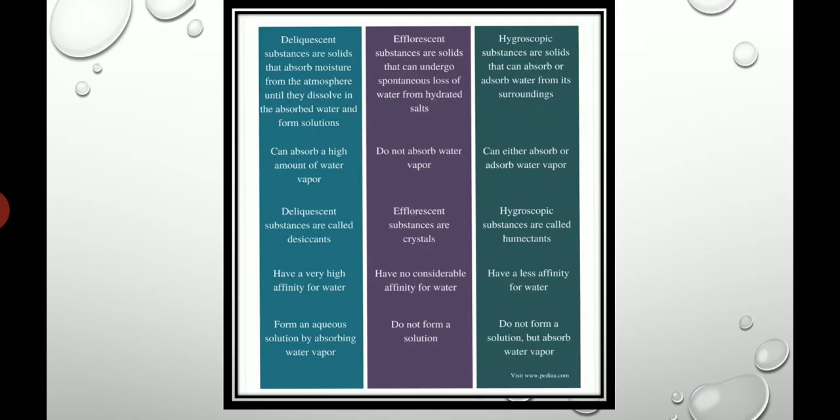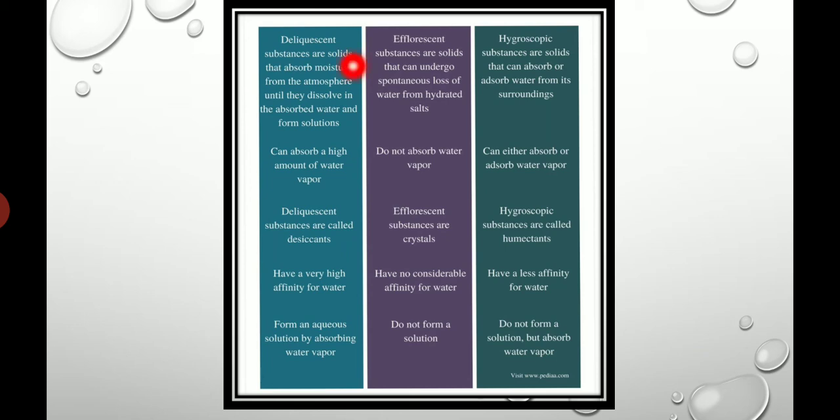Now, next is the difference between deliquescent, efflorescent and hygroscopic salts. What are deliquescent salts? Deliquescent salts are water soluble salts. When they are exposed to the atmosphere, they absorb moisture from the atmosphere and dissolve in the moisture and then change into liquid.